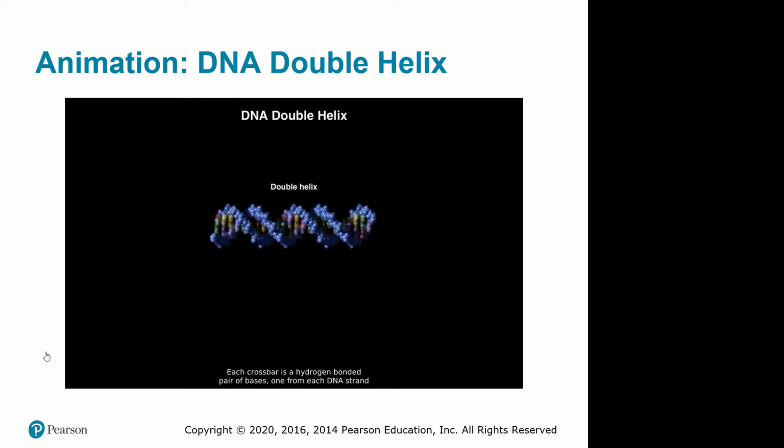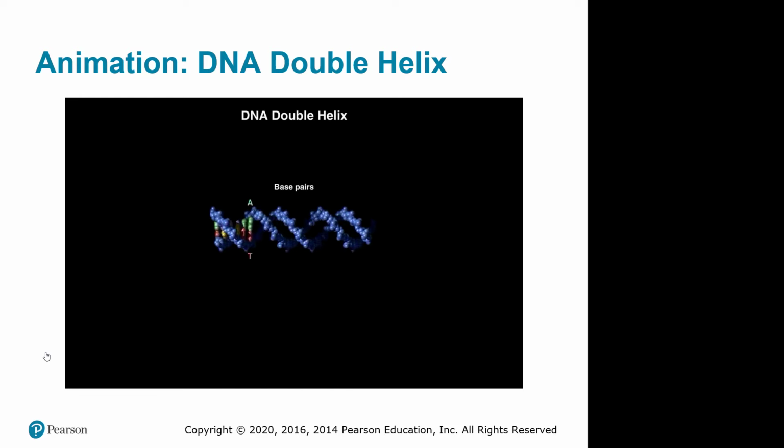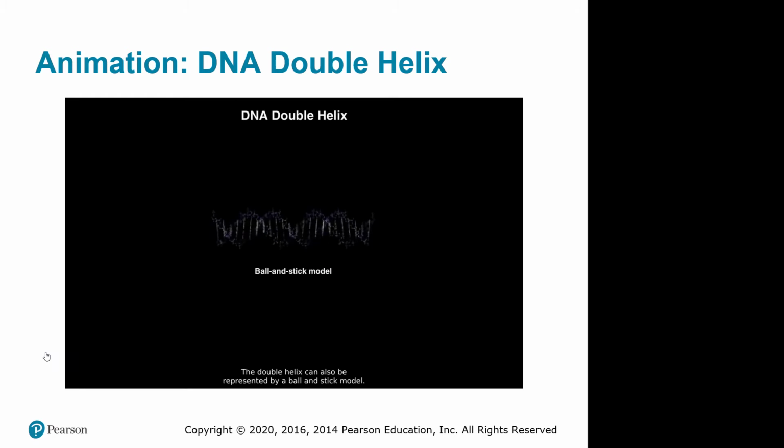Each crossbar is a hydrogen-bonded pair of bases, one from each DNA strand. An adenine is always paired with a thymine and a guanine with a cytosine. The double helix can also be represented by a ball and stick model. For simplicity, a ribbon model is often used, with ribbons for the sugar phosphate backbones.